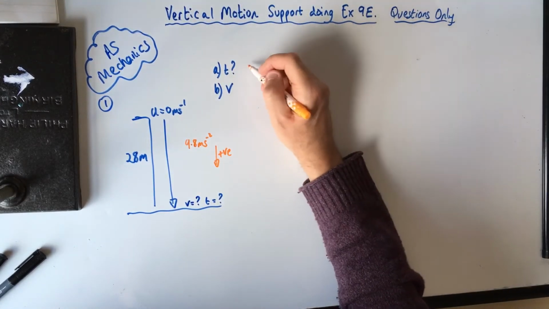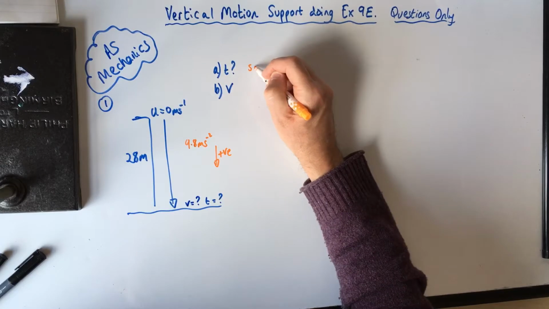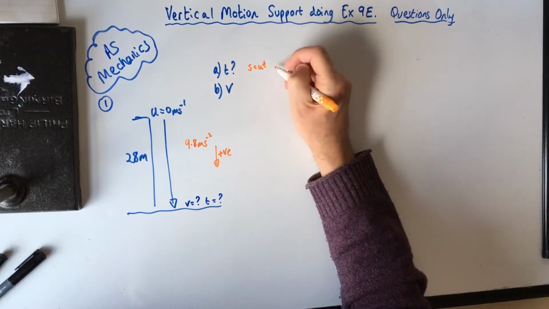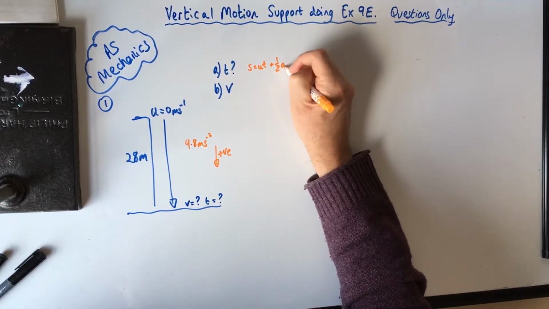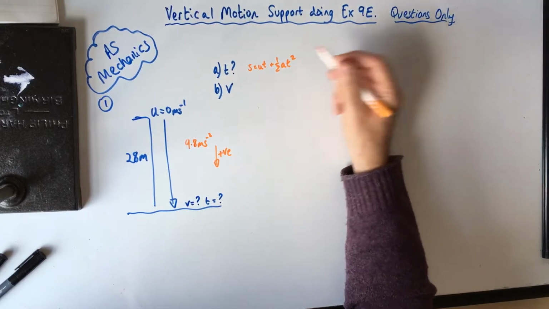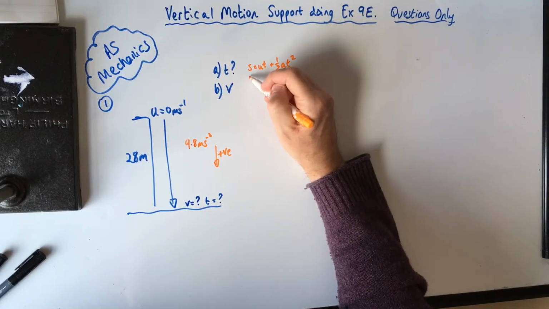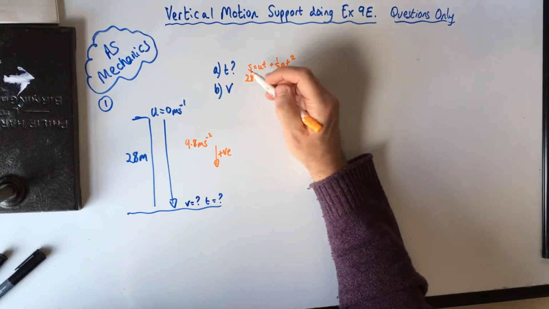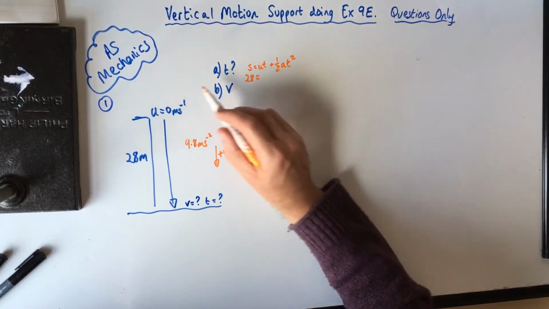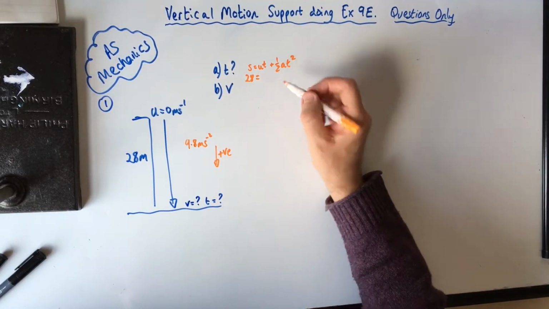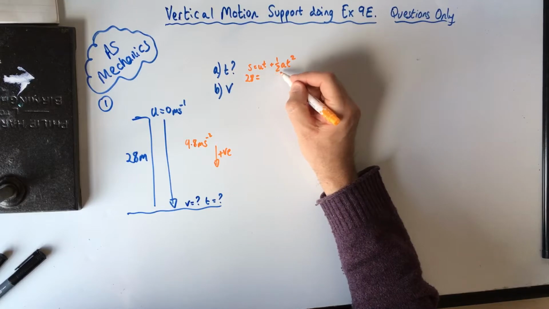First of all, the time. To find the time, s equals ut plus half a t squared. We're going to use that. The s is 28 meters. Initial velocity is 0, that's nice because it cancels that out. So that's 0.